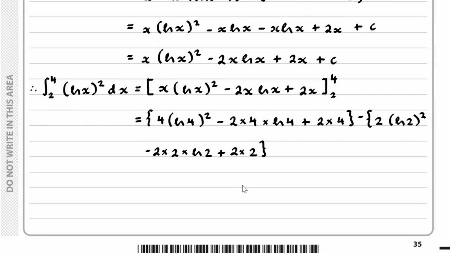Now we know that 2 squared is equal to 4. So we've got 4 lots of natural log of 2 squared, negative 16 times natural log of 2 squared, and then we have eight.